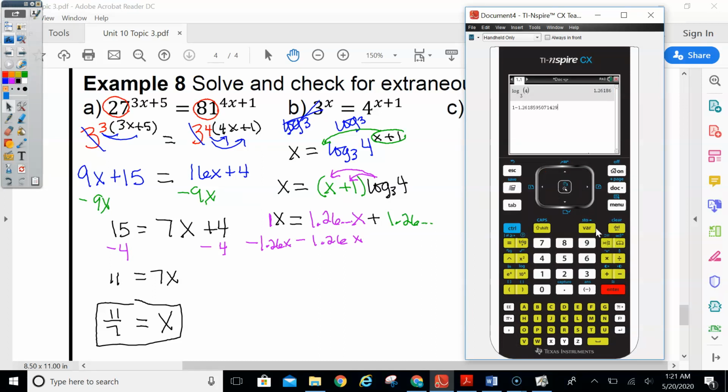And it's going to give me the whole decimal. And I get that number. So this side is going to end up with negative 0.26 stuff. X equals 1.26 stuff. So now just to solve for x, I divide by the number in front, which is the negative 0.26 stuff.